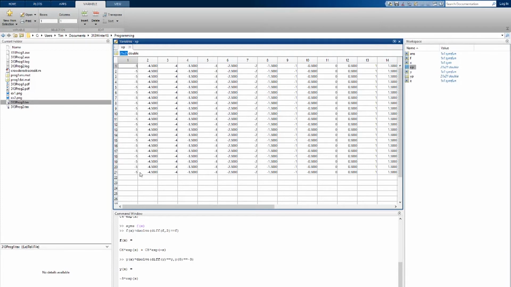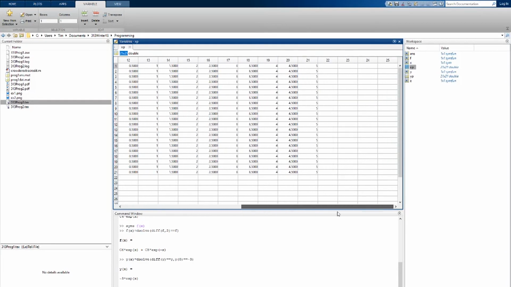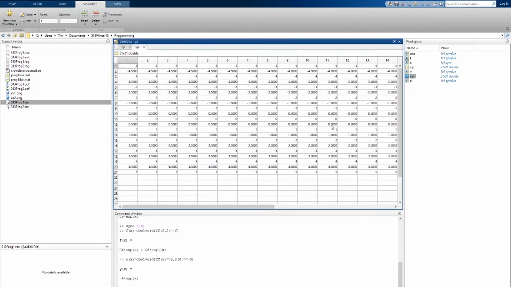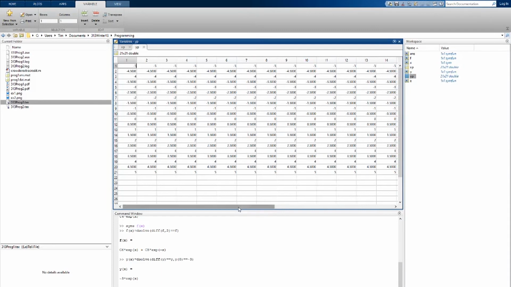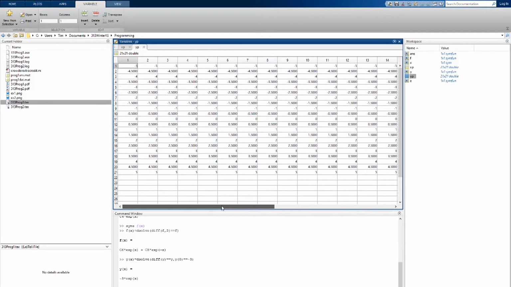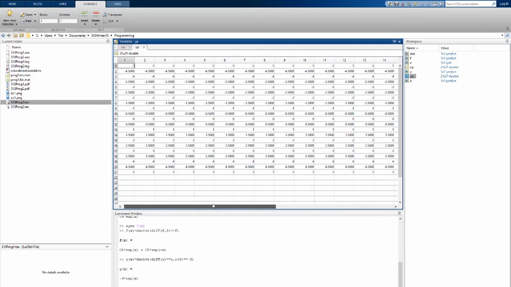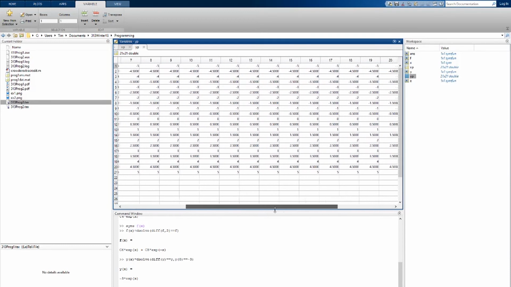And so that's why the columns here are all identical, because the x values are all identical within each column, and that makes sense. Now, if we were to look at YP instead, we also have a 21 by 21, but now the points are all y values, and it is interesting that the top values are -5 and the bottom values are 5, and that's just how MATLAB does these things. But we're not going to have to account for that with anything later.